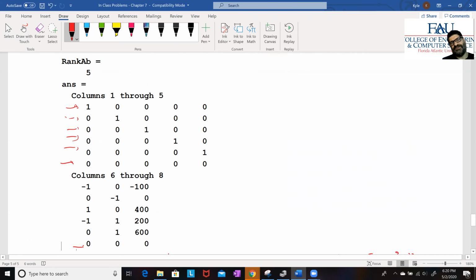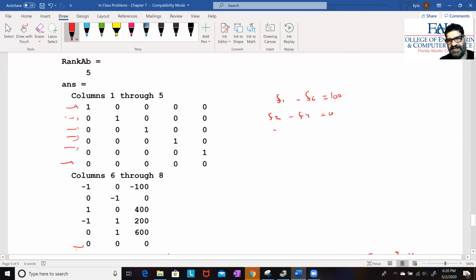So let's talk about the first equation. In the first equation, we have only f1 minus f6 minus 100, so it is f1 minus f6 equal to 100. The second equation gives you f2 minus f7 equal to 0.